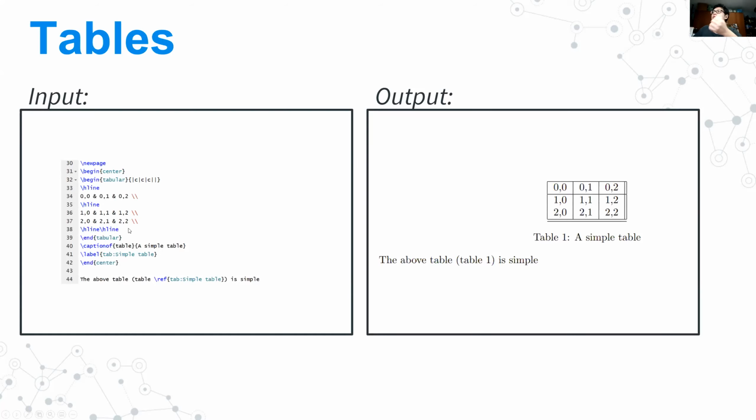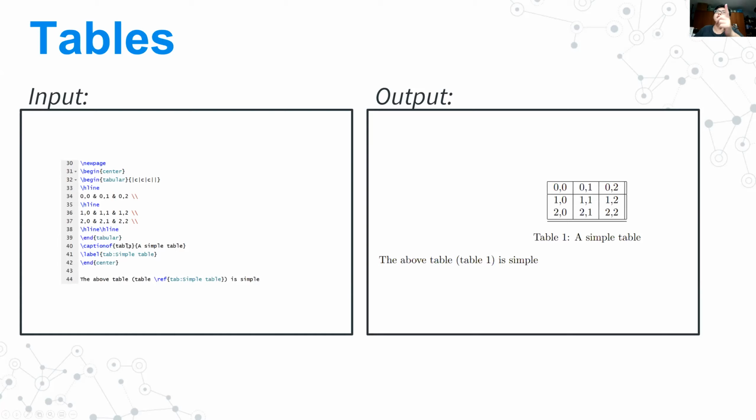Let's say for a table you want to put a caption. We can use the command \caption. You want to tell the command what you want to label, so the first argument is table, as opposed to a figure or whatever.